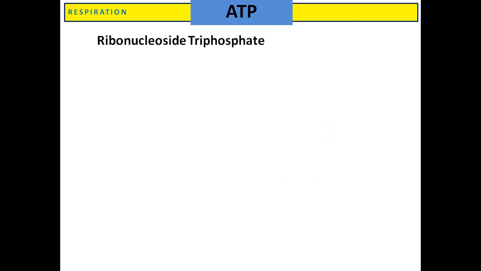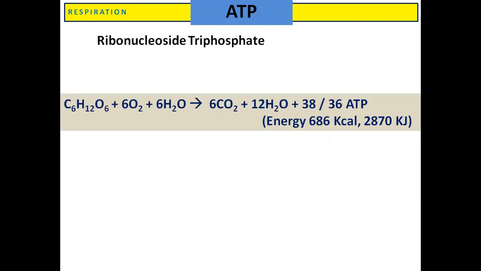Now see here, we are again taking this equation. This is the equation for aerobic respiration. Here, the glucose molecule undergoes complete oxidation and releases 6 carbon dioxide. After complete oxidation, it produces about 36 to 38 ATPs.